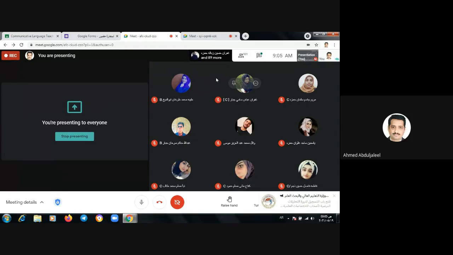So what does it mean? Once you have smaller groups, the chance for students to talk will be more. But if you have larger groups, you are going to minimize the time for each student to talk. This is the idea. So here, most of the activities to be done according to CLT are in small groups.